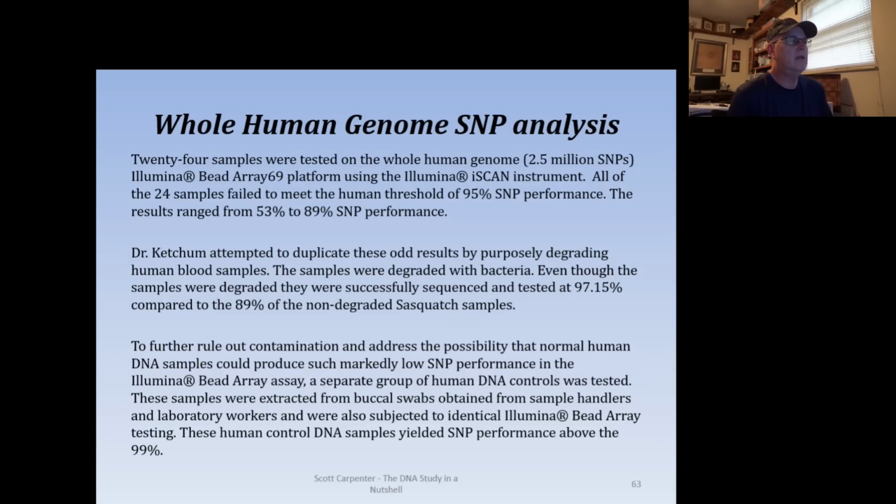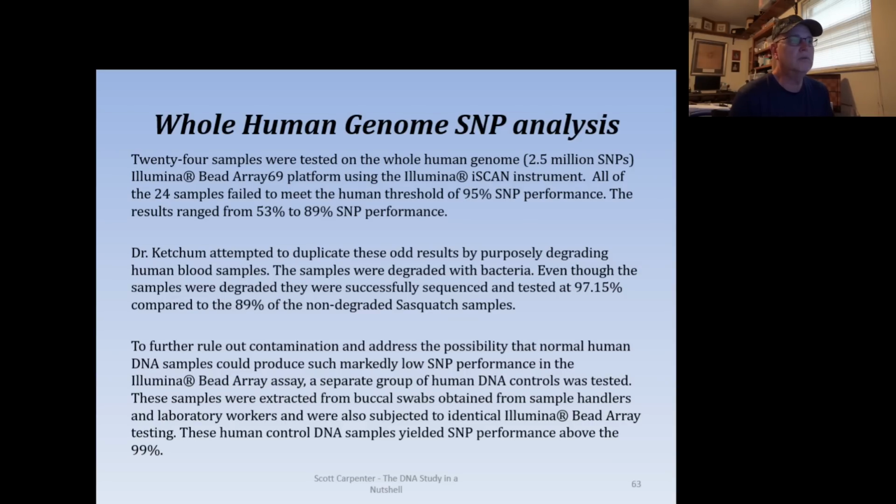To further rule out contamination and to address the possibility that normal human DNA samples could produce such markedly low SNP performance in the Illumina bead array assay, a separate group of human DNA controls was tested. These samples were extracted with buccal swabs obtained from sample handlers and laboratory workers, and were also subject to the identical bead array testing.